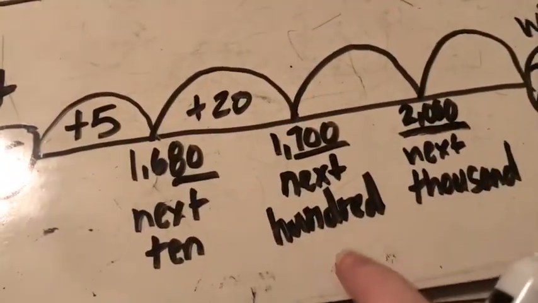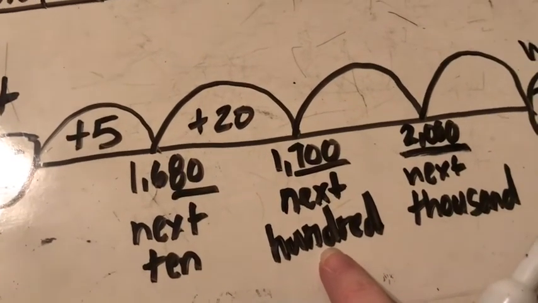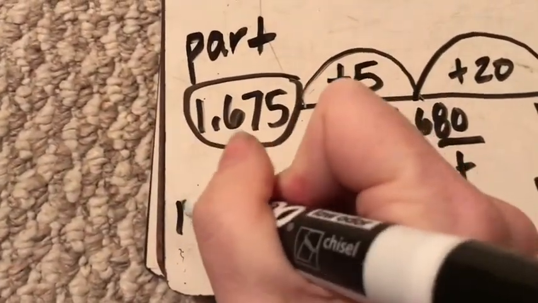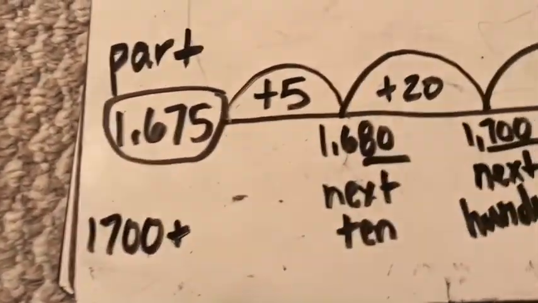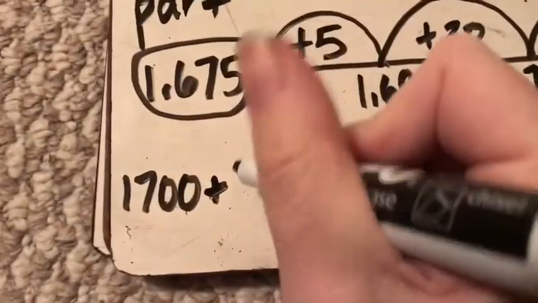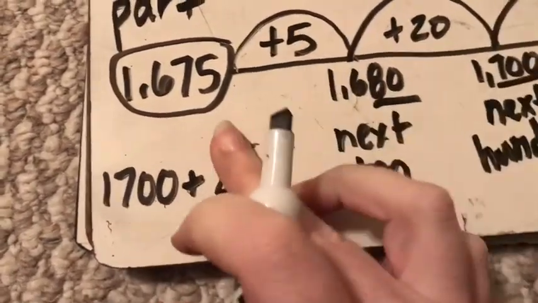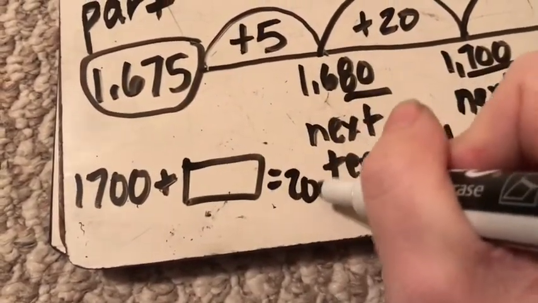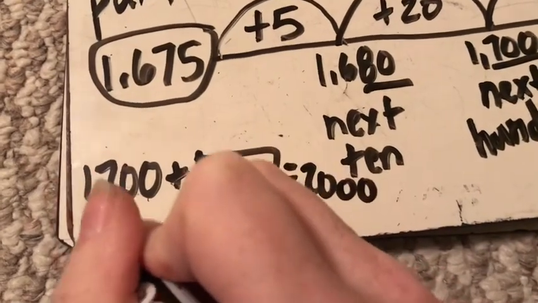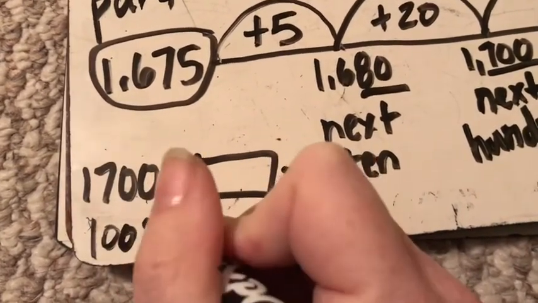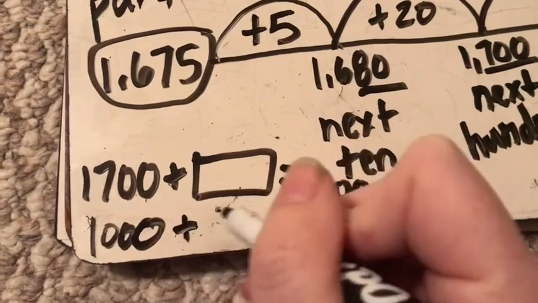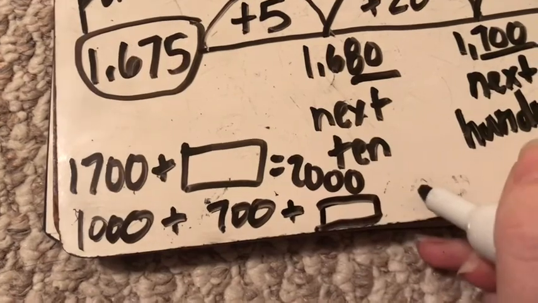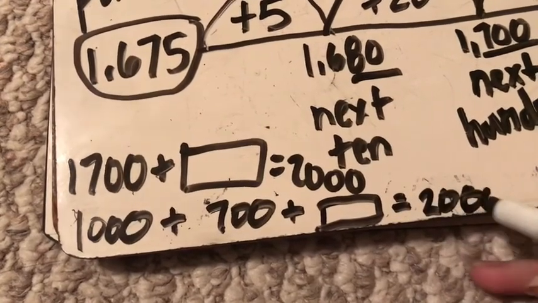So now that I got to 1,700, which is my next 100, I need to get to my next 1,000. So I'm at 1,700, and I need to get up to 2,000. Plus something gets me up to 2,000, right? So some students like to stretch this out to help them think about it. So 1,700 is 1,000 plus 700 plus some other number would get me up to 2,000.